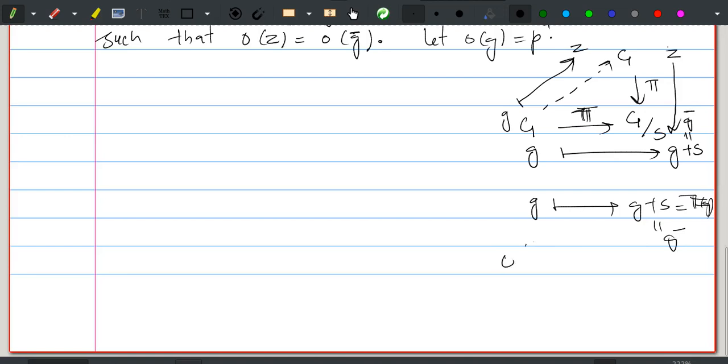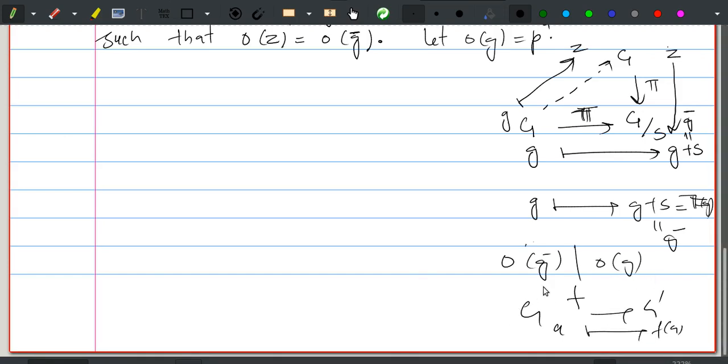So obviously the order of G bar divides the order of G. This is the basic property of a homomorphism. If F is a homomorphism from G to G prime, where A goes to F of A, then the order of F of A divides the order of A.